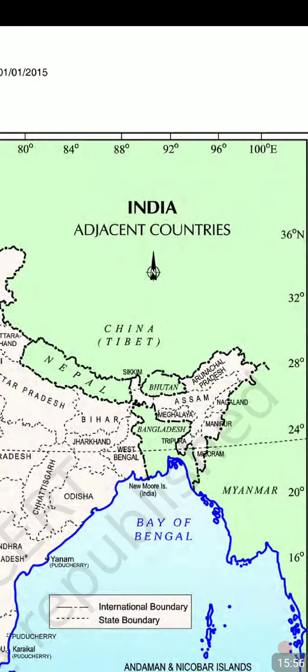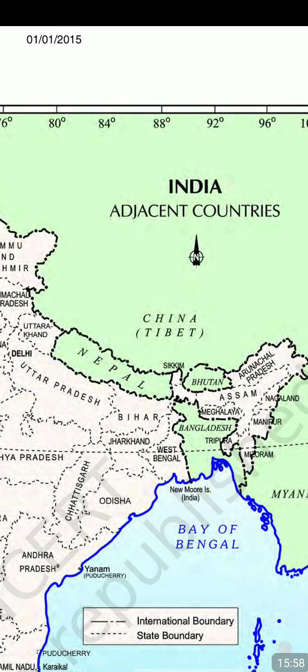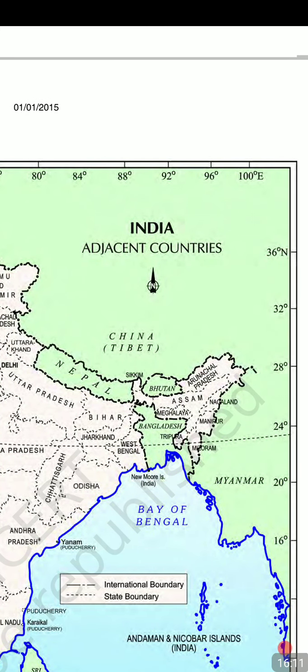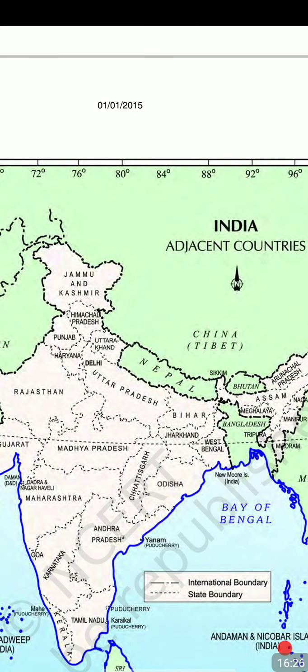Then if we see which states share most of the boundaries, West Bengal shares boundaries with Bangladesh, Nepal, Bhutan, right? 3 countries. Arunachal Pradesh shares boundaries with Bhutan, China, and Myanmar. Assam with Bhutan and Bangladesh. Mizoram with Bangladesh and Myanmar.